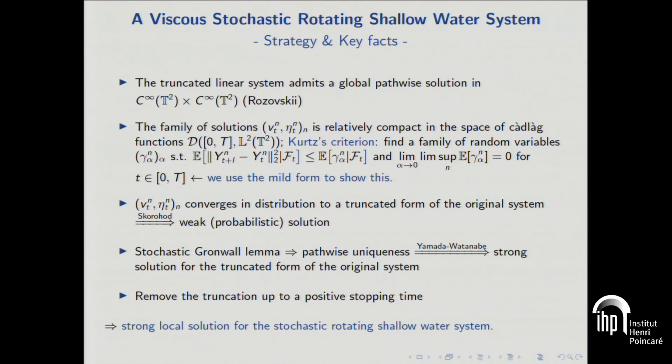This is not too hard. If we use the mild form of the equation, then we just write these differences. So Yt will be, in the first case, Vt from the velocity equation, and in the second case, Ht from the equation for the depth. In this way, we can construct this family of random variables. And that's it, basically.